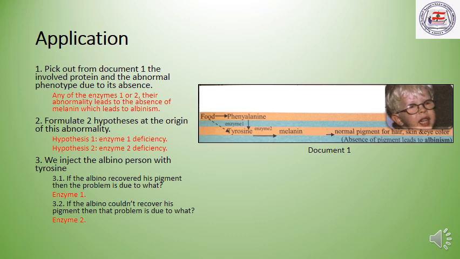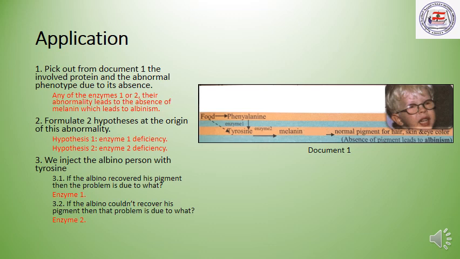Question number 1. Pick out from document 1 the involved protein and the abnormal phenotype due to its absence. Answer. Any of enzymes 1 or 2 are the involved proteins, and their abnormality leads to the absence of melanin, which leads to albinism.